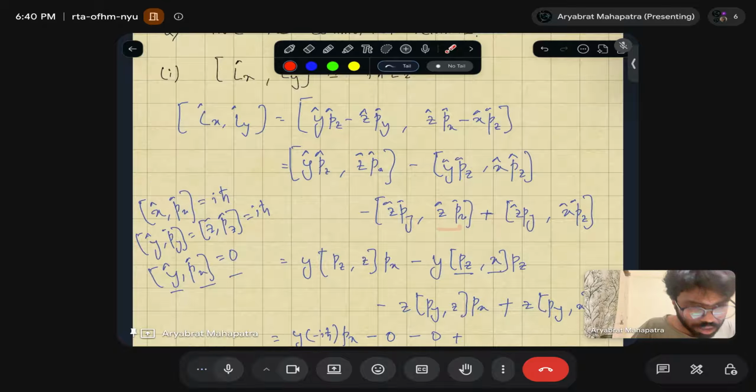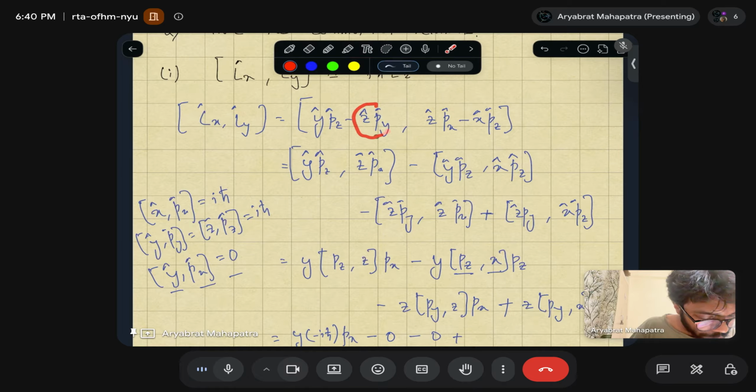Okay. So any problem here? Yes, I thought here it should be pz. It would be PZ because I am taking this term with this term.